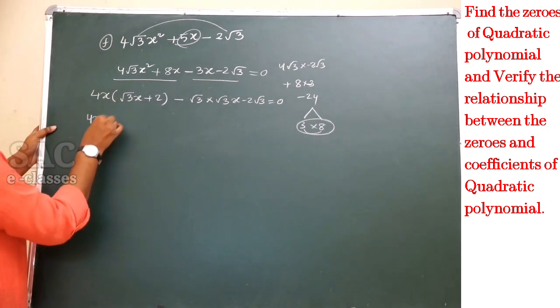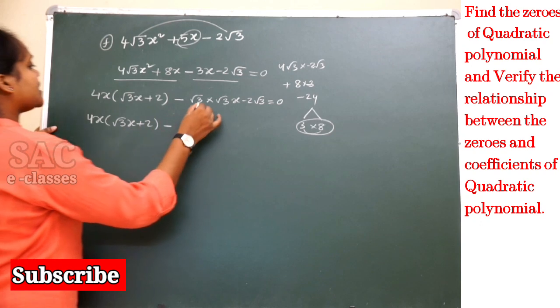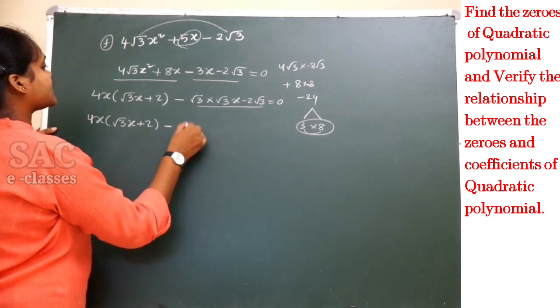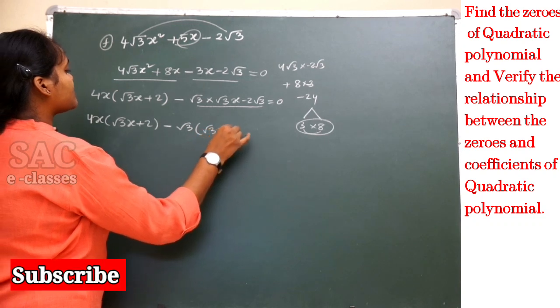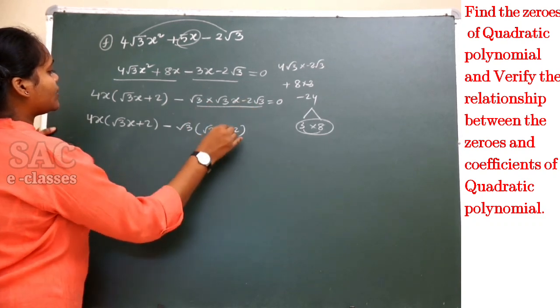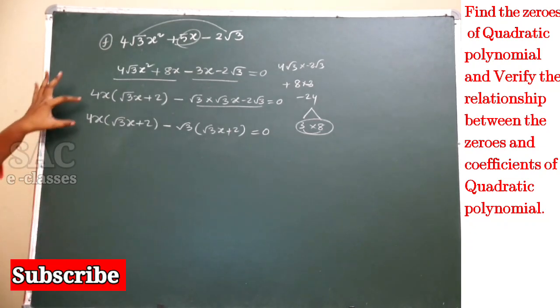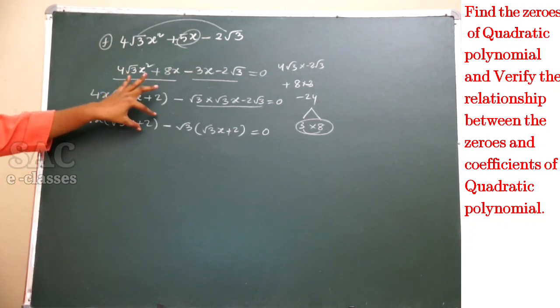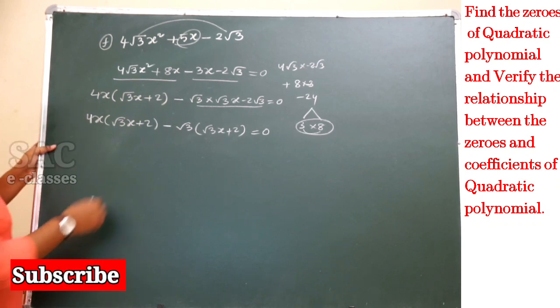So 4x into root 3x plus 2 minus, by taking root 3 out, root 3x minus 2. Both are negative, so better to take plus. So now 4x into root 3x plus 2 minus root 3 into root 3x plus 2.